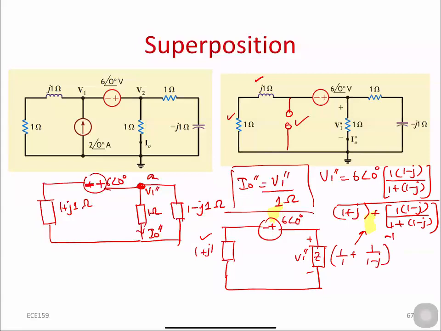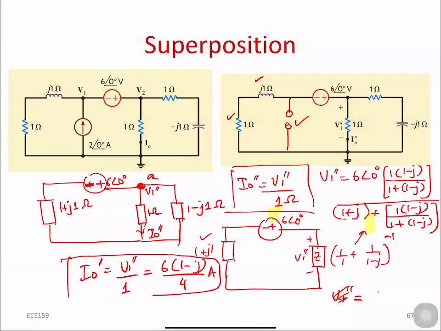So when we solve v1 prime, I naught prime is going to be v1 divided by 1, and v1, when I calculate it, is going to be 1 minus j over 4. This is your ampere value.